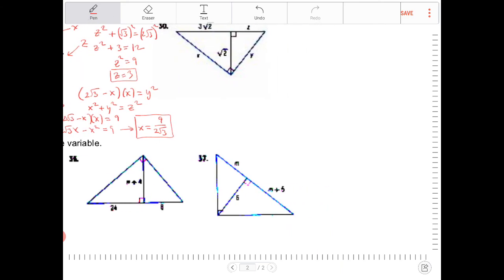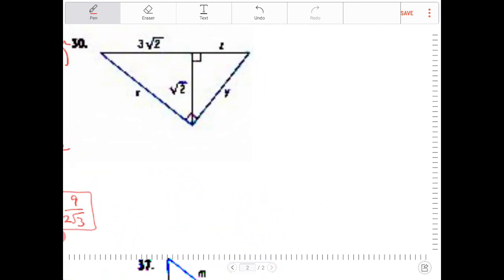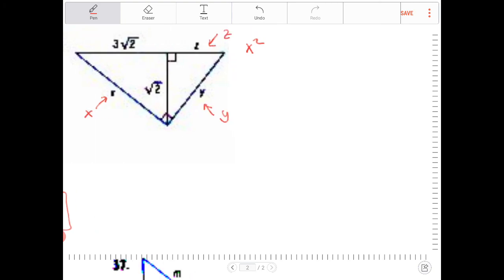Okay. And this guy right here. So x squared, this guy here is x, by the way. This is y, and this is z. So x squared will equal to 3 radical 2 squared plus radical 2 squared.